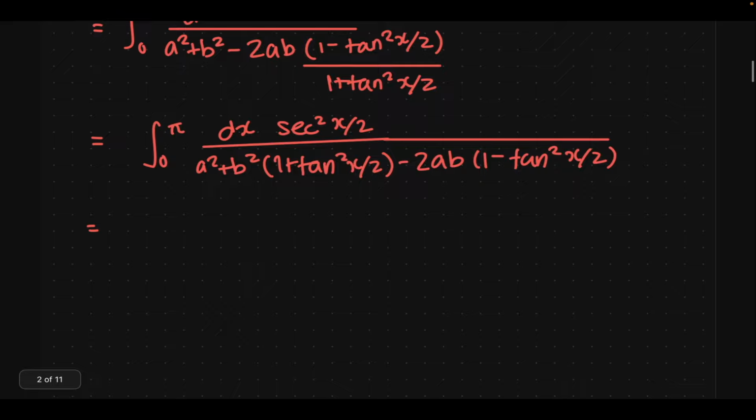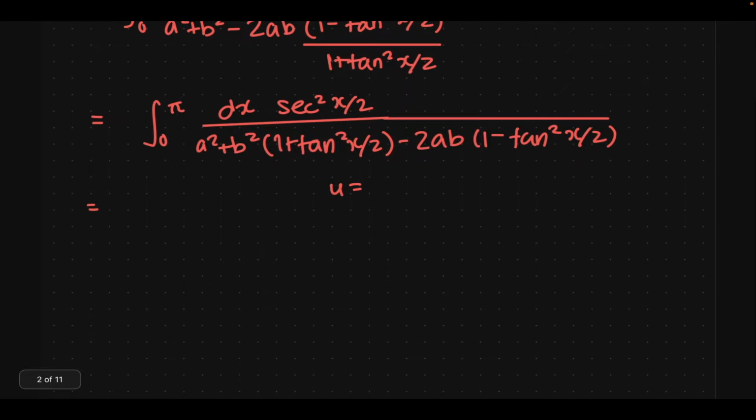Okay, and then we can do a substitution. Let's say u is, maybe let me use a different color, otherwise it will be hard to spot it once we go back.